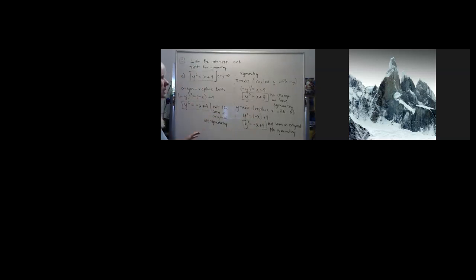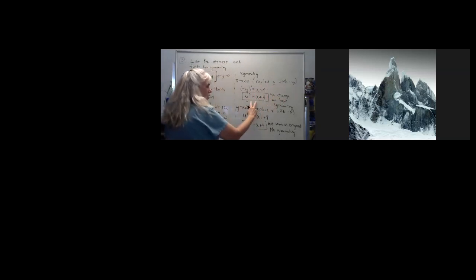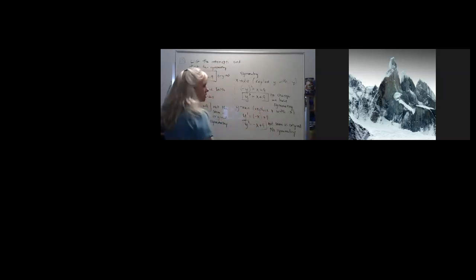Let's walk through that again because I think that's a little bit vague and you've probably never done it before. So symmetry to the x-axis, you're going to replace y with a -y. Clean up the result of that equation. And then if there's no change, then you know you have symmetry. For the y-axis, you replace the opposite variable x with a -x. Clean it up. If there's no change, you have symmetry. If it's changed, there is no symmetry.